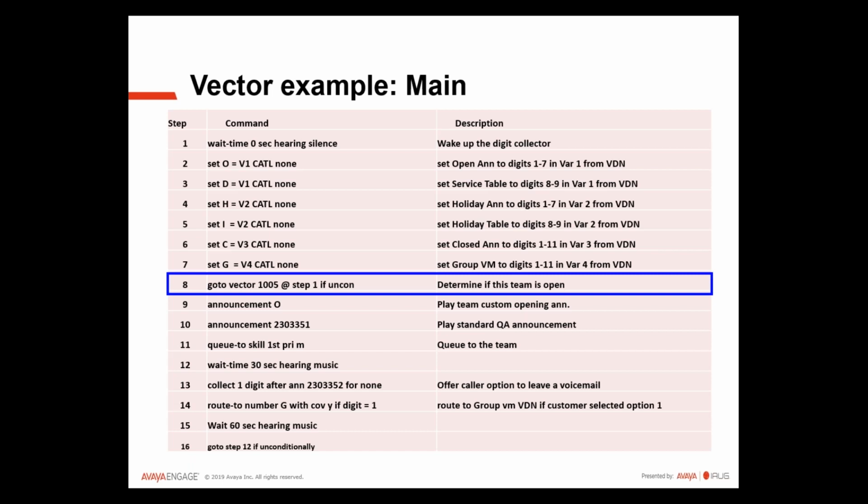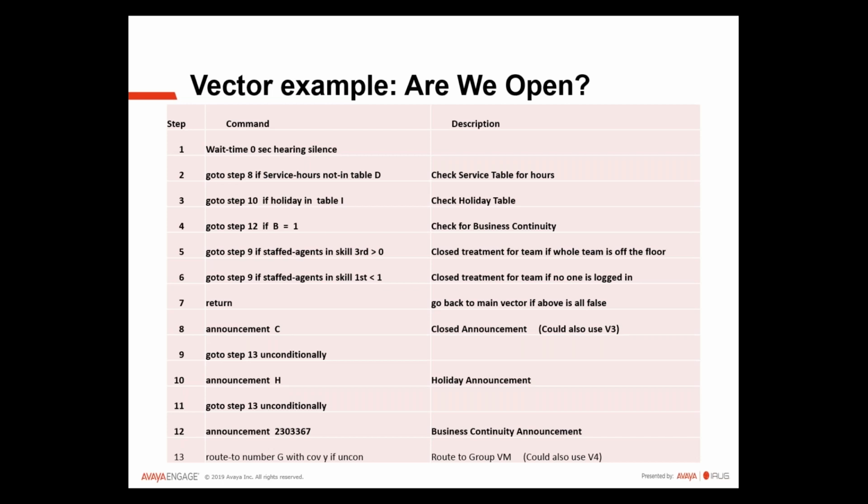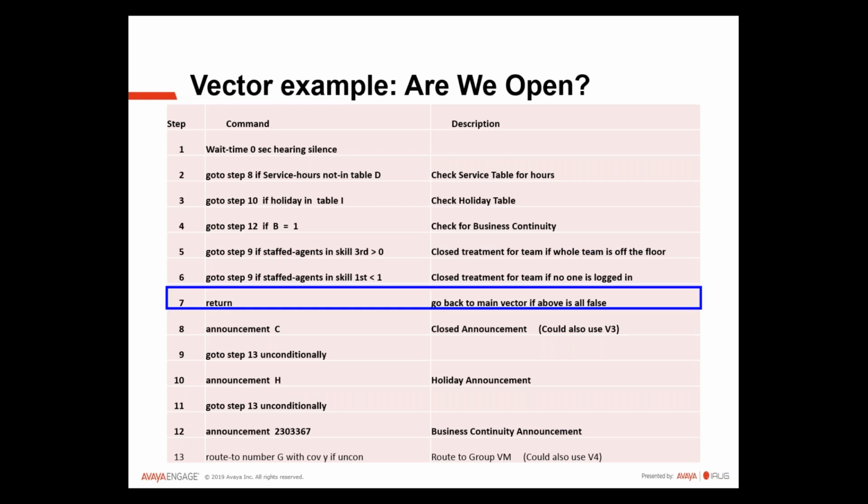Here is our loop. So we're going to go out and check for time of day. And here's our time of day. Are we open? We're checking it all, right? Service hours table and D. We've gone through all these before. Business continuity. I also add in if somebody is staffed. So staffed in third. Third is what I use for our meeting.